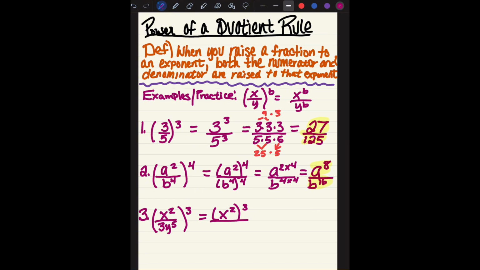So we've got 3y to the 5th power, parentheses, raised to the 3rd power. Not squared, cubed. Let me rewrite that again.